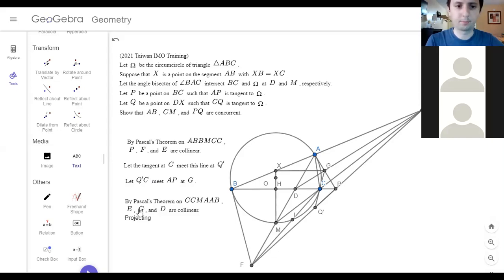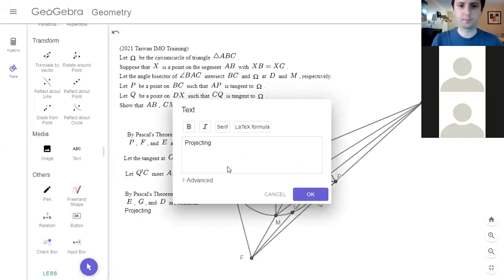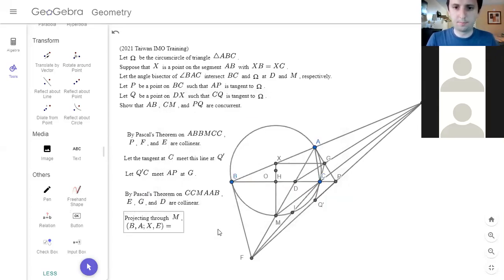No, through M. Projecting through M is equal to BAH or BDHC.